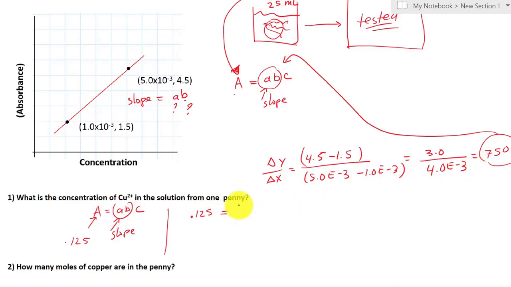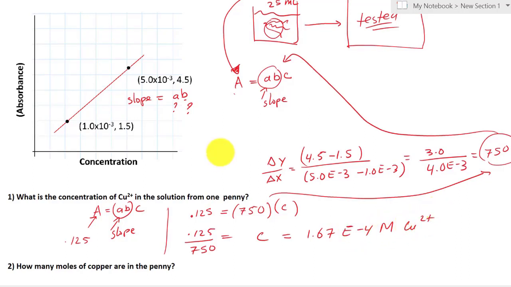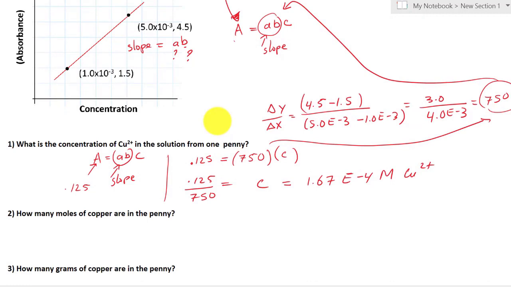And what's the slope going to be? 750, right there, times C. So what is C going to be? It's 0.125 divided by 750. And that turned out to be, let's plug this into our calculator, 1.67 e to the negative 4 molarity of copper 2+. And that is our answer.